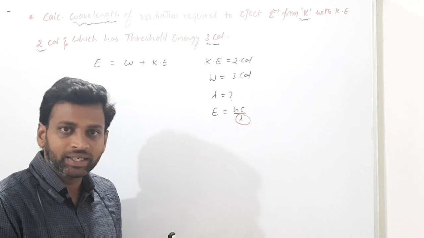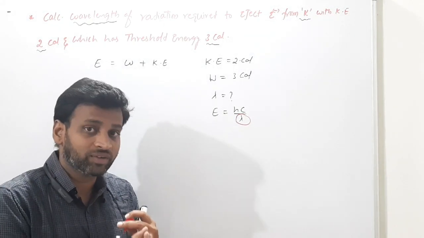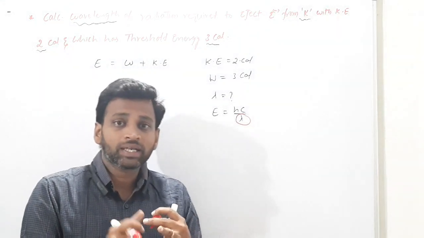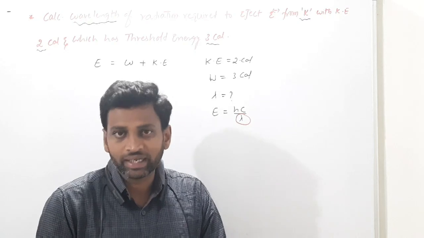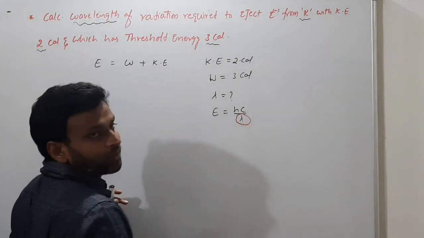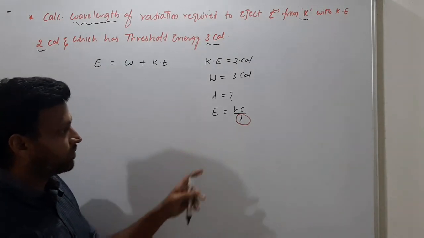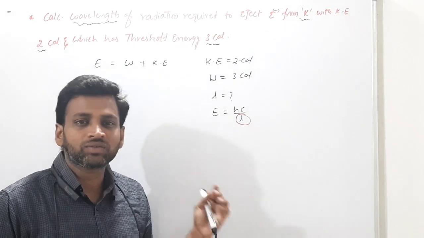That radiation has energy, which means it has some frequency and some wavelength. So it's very important: E is equal to hc by lambda. If you know the formulas, you can easily solve.